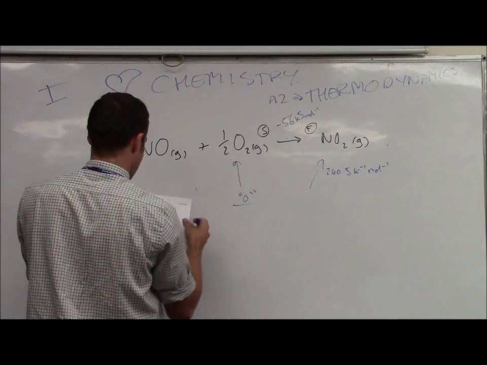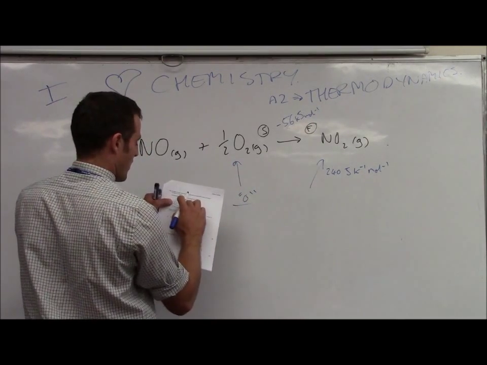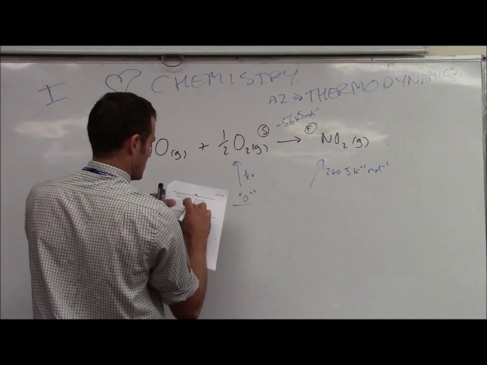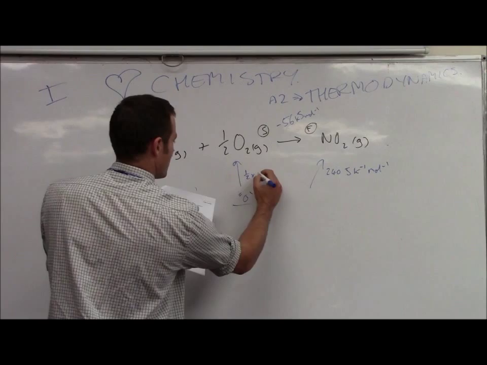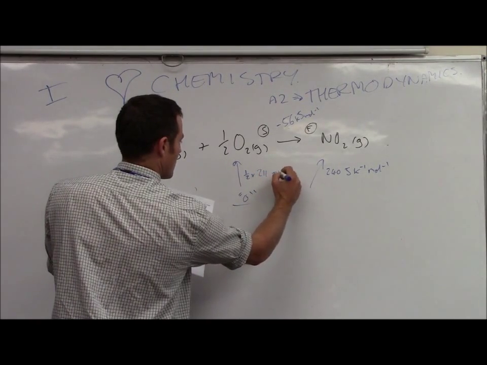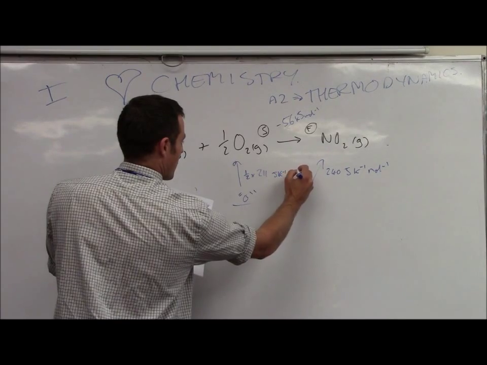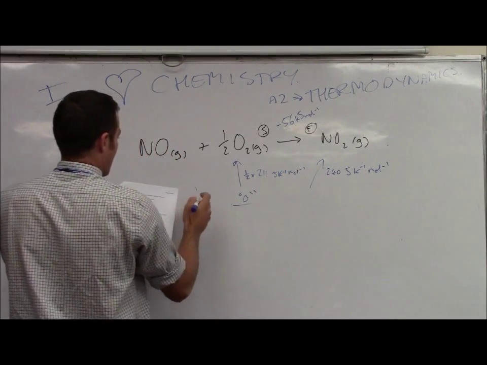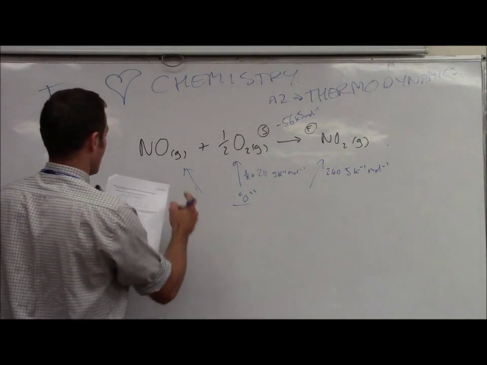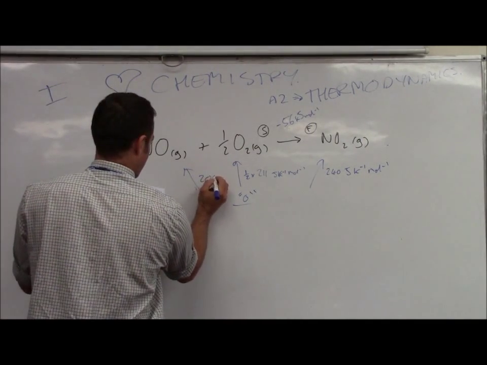So the entropy for half a mole would be a half times oxygen's 211 joules per Kelvin per mole. And nitrogen monoxide would be 1 mole, so 205.